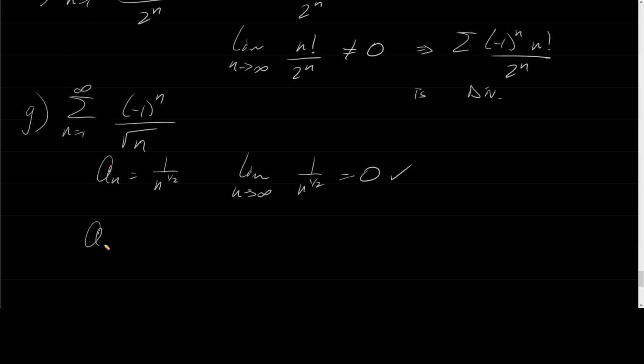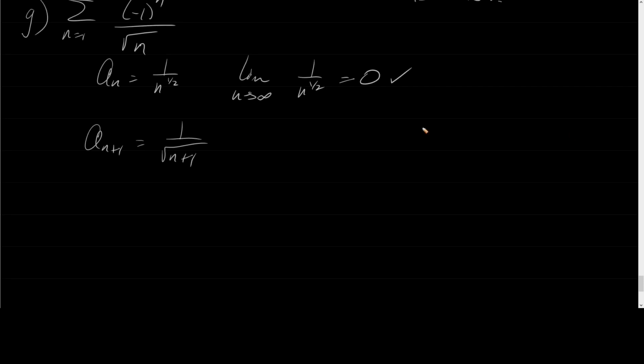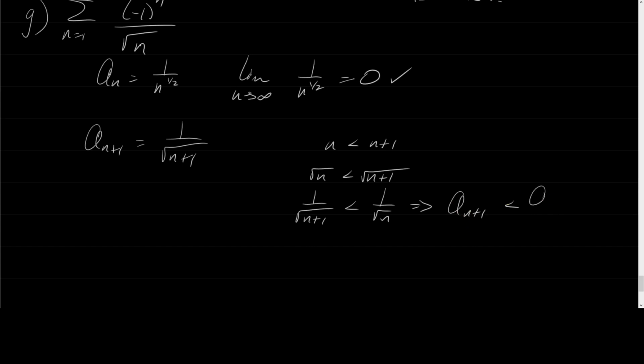Now, what is a sub n plus 1 doing? Well, a sub n plus 1 would be 1 over the square root of n plus 1. And in general, we know that n is less than n plus 1. So the square root of n would be less than the square root of n plus 1. So if I do a cross division here, 1 over the square root of n plus 1 would be less than 1 over the square root of n, which is good because this is giving us that a sub n plus 1 is less than a sub n.